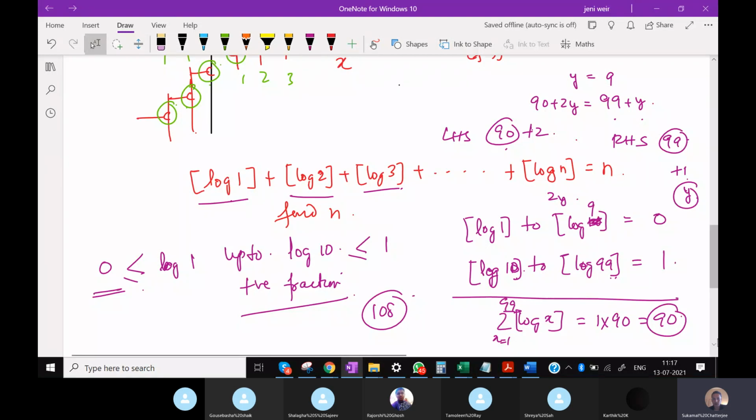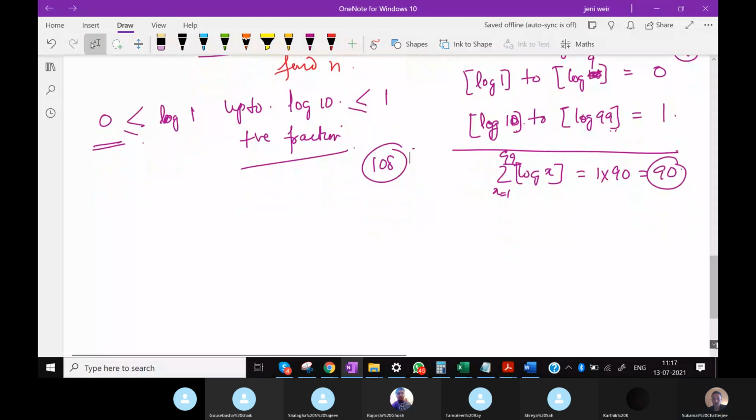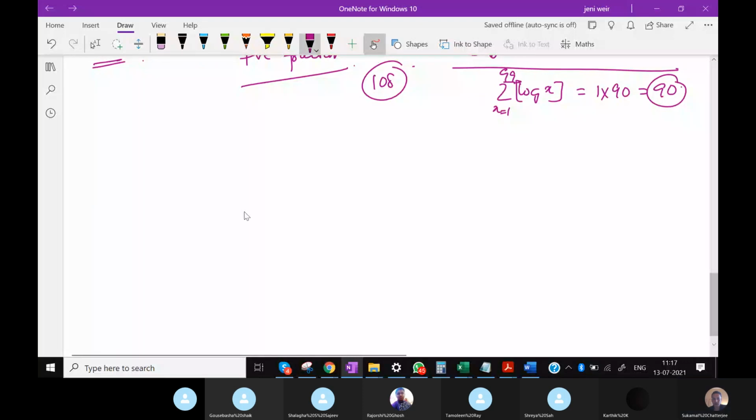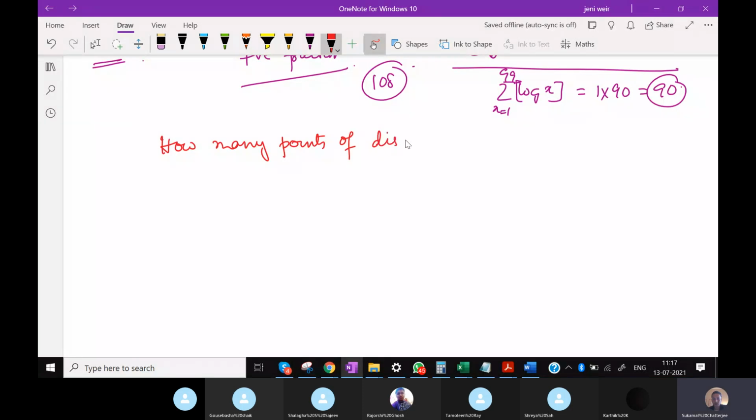Another example of the box function, which is given quite frequently, is: how many points of discontinuity will the function box of x square minus 2 have in the interval, let's say, minus 2 to plus 2.